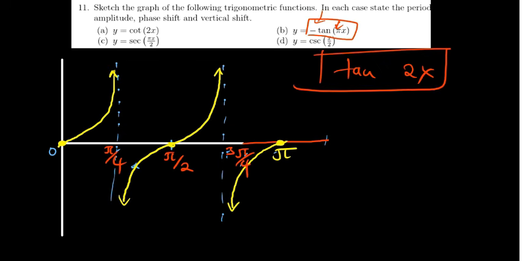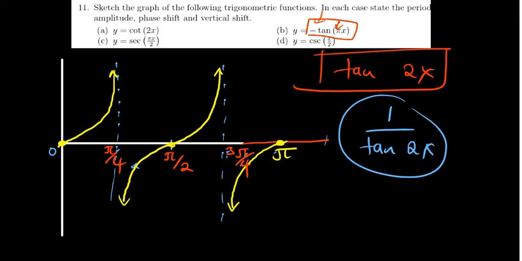Now in our question, they want us to find cotangent of 2x. Now cotangent is the same as 1 over tan of 2x. Now what does that mean? What this means is you actually have the reciprocal of the actual graph. The reciprocal of the actual graph that we have is the expected solution to the graph. So how are we going to sketch the graph now?